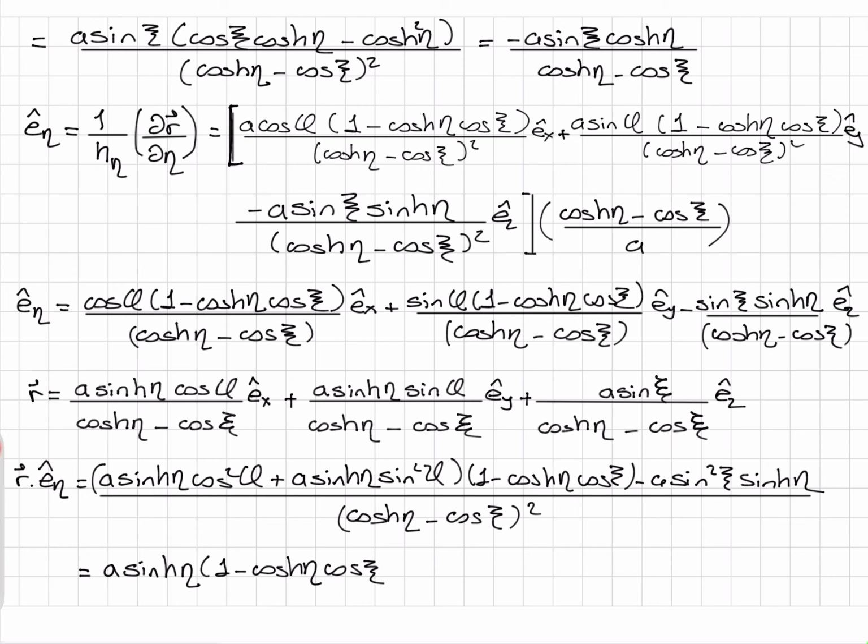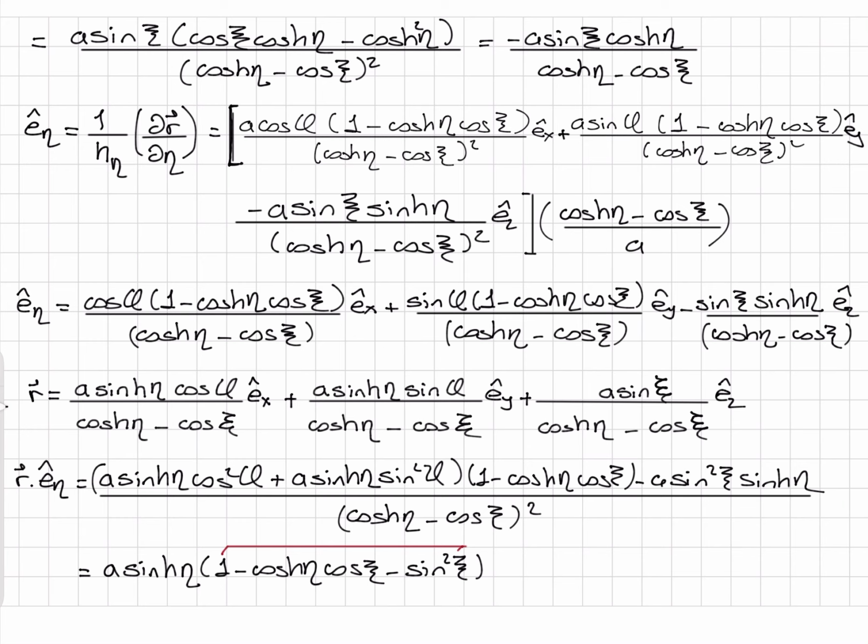And in the last term, we also have a sine hyperbolic eta. Therefore, we have a minus sine square psi. Now, as for 1 minus sine square psi, we can substitute cosine square.